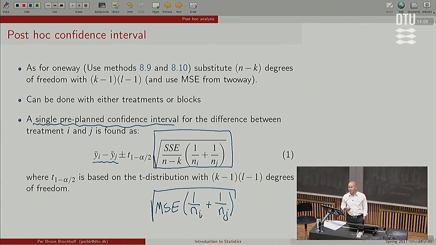In the two-way ANOVA, these are the same. In the one-way box, they could be different. That's not a problem, because when we have a full two-way table, it's the same ni and nj always, right? But it doesn't make the formula wrong to use. It's exactly similar to the formula we've seen before. And we just need to use the right degrees of freedom to find confidence intervals like that. And we could do hypothesis testing similarly. Question?